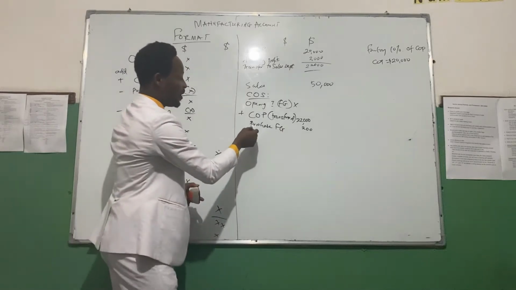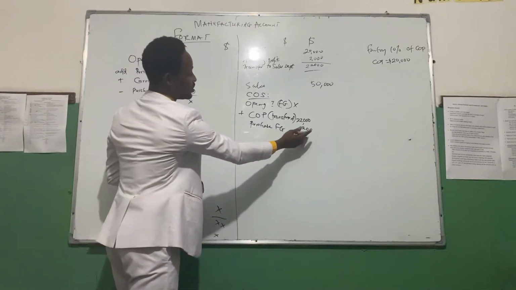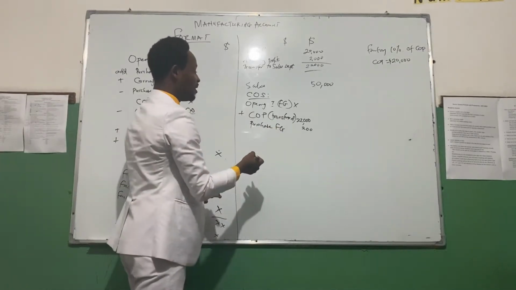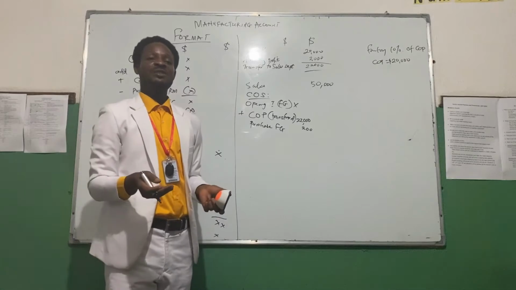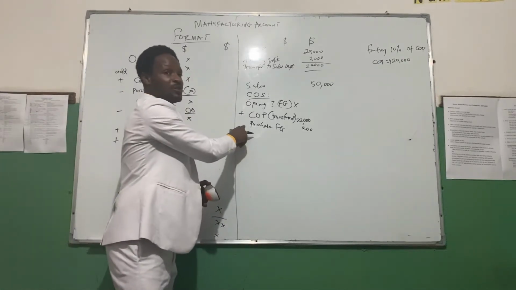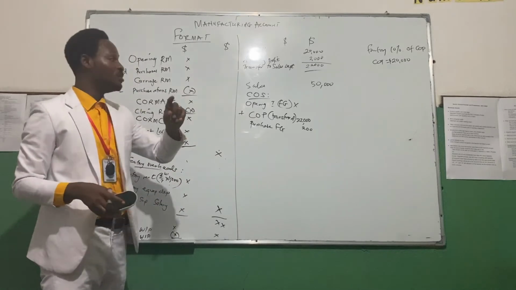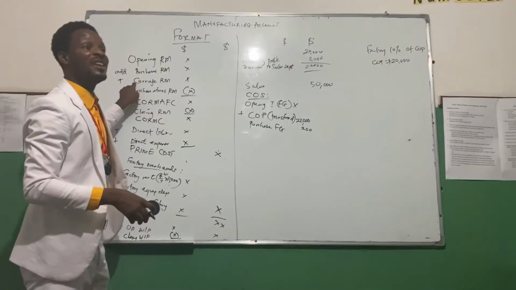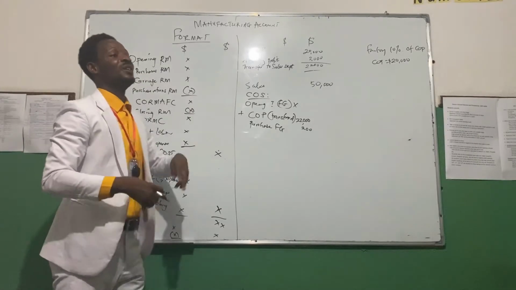Now, if you have returns outward of finished goods, it's not common, deduct. Then we have, are you going to have carriage inward of finished goods? No, if you don't have purchase of finished goods, because if you are going to have carriage inward, it's on raw materials that you purchased. Yes, but you can have carriage outward.